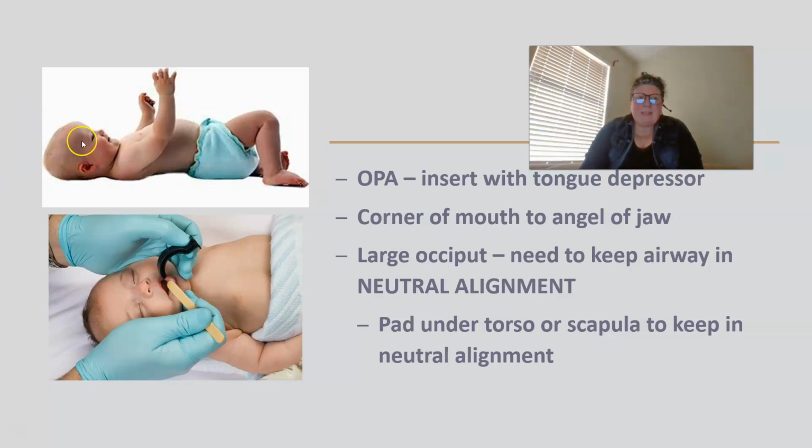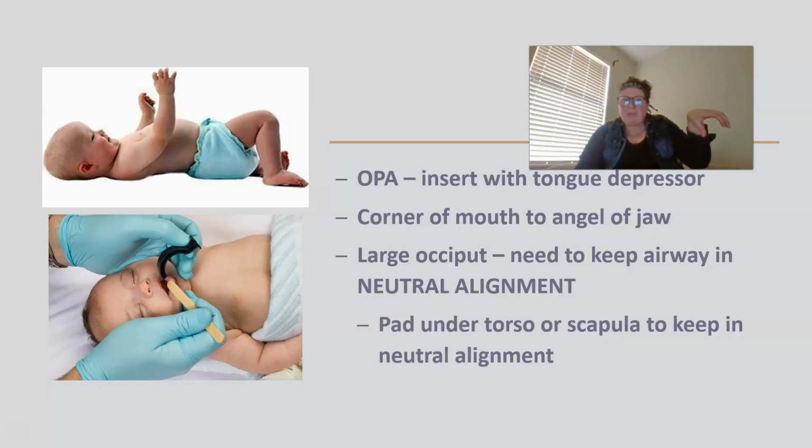This baby really isn't in neutral alignment, and we would never want to immobilize like this. Remember, infants have C-shaped rings instead of O's in their trachea. They have a C. So when there's a deep flexion or extension, if they're not in neutral alignment, it can just flatten out because it's only in a C shape.